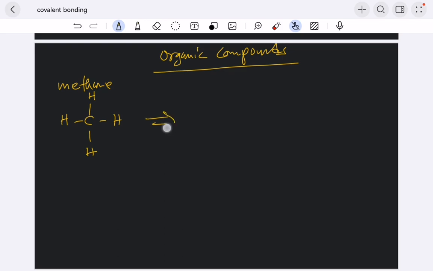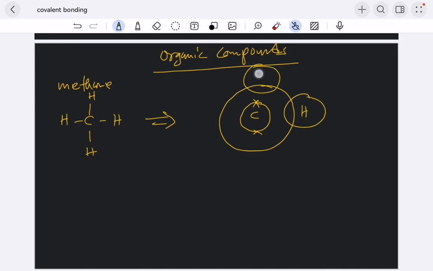So I can take this back to covalent bonds where I know that there's a carbon there which is bonded to 4 hydrogens like this. Then I know that there is that chemical bonding happening there. So this is just one example.